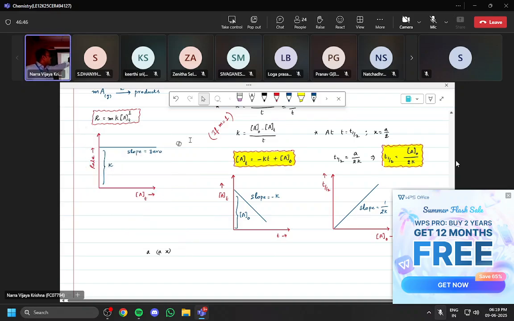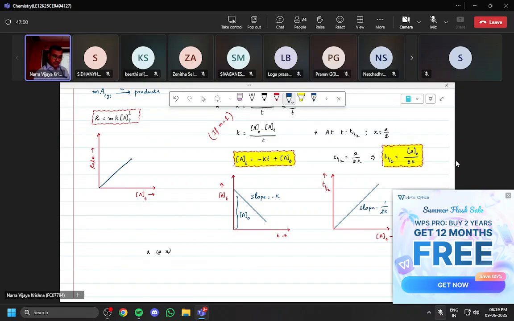Rate versus At graph, intercept 0, slope mk. So intercept is 0, slope mk means it is a straight line passing through origin. Done.